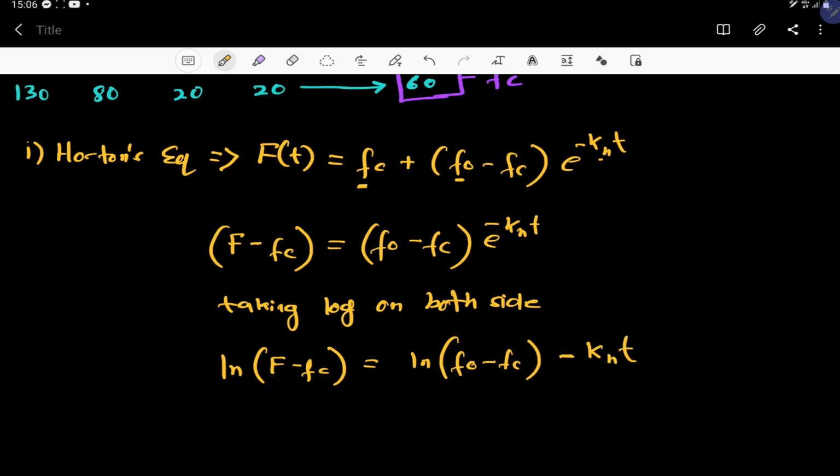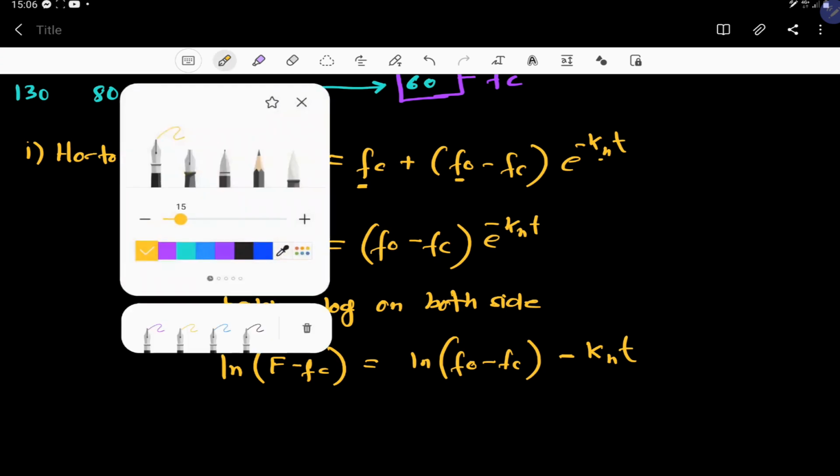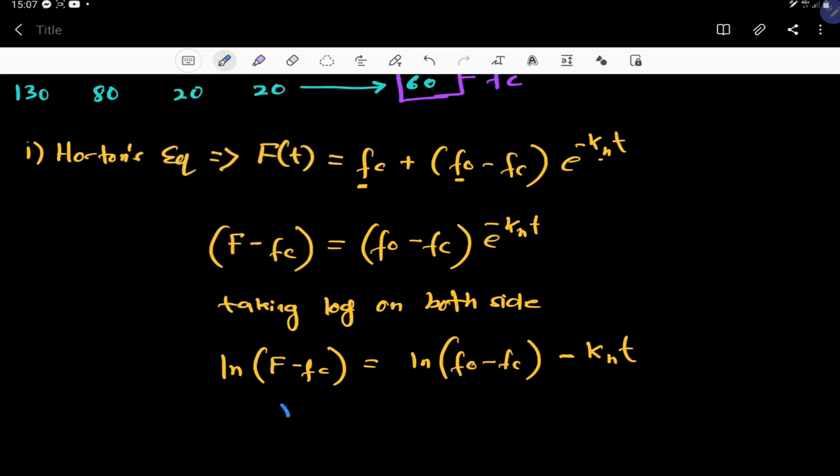minus kht. Now if you closely look, this equation is in the form of y equals minus mx plus c, where m represents the kh. This is the equation of a straight line.